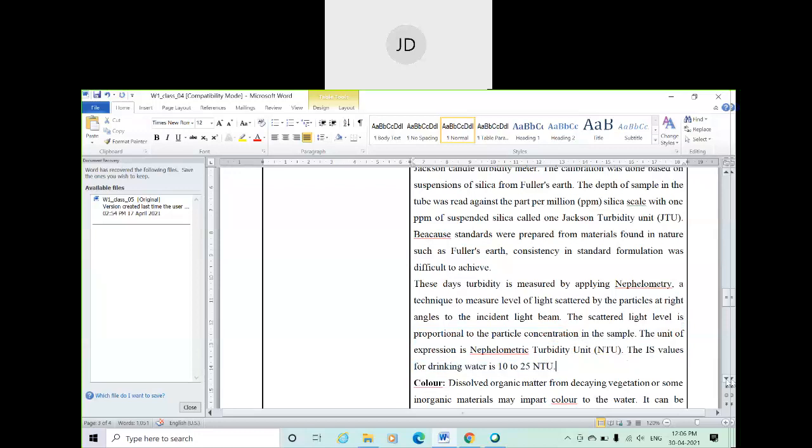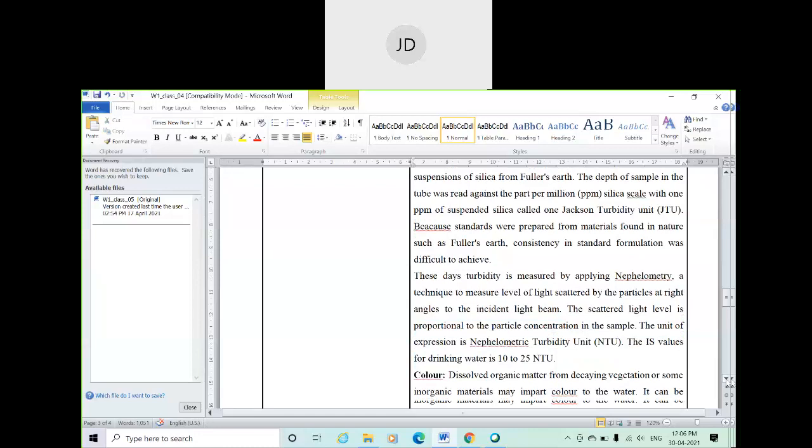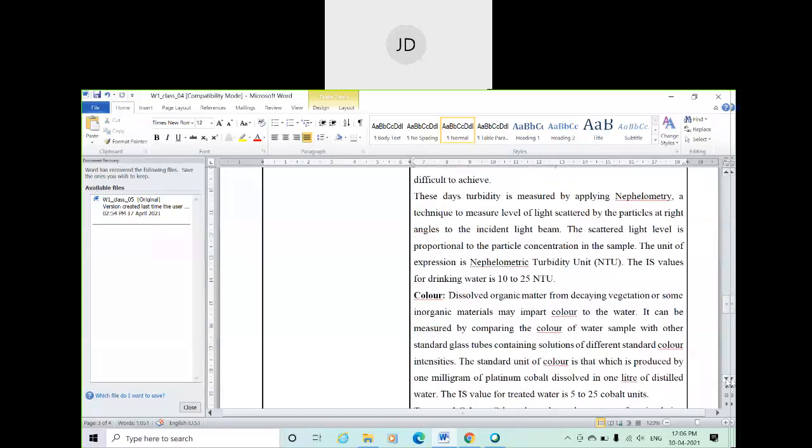If I ask you about color, you can say water is colorless. That means if you see some color in water, it must contain some chemicals or different dissolved components. So you can also identify the range of impurities present in water, and it is measured in cobalt units.